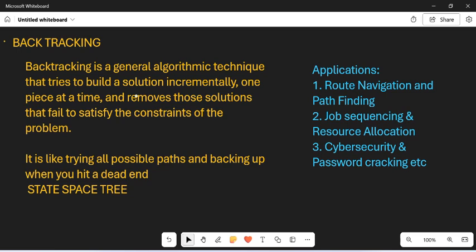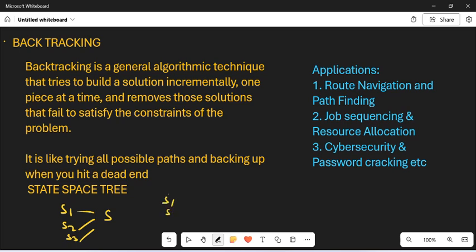Therefore, when you compare to dynamic programming, we have only a single optimal solution. Suppose we have a set of solutions like S1, S2, S3. Out of these solutions, in dynamic programming we will have only one optimal solution. But when you compare to backtracking, we may get two or more optimal solutions.